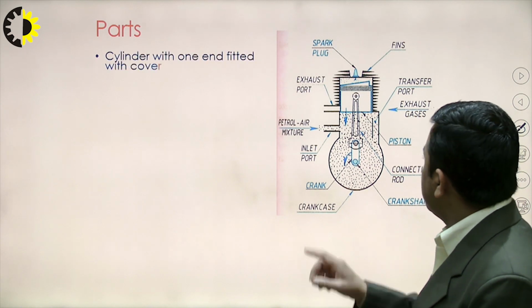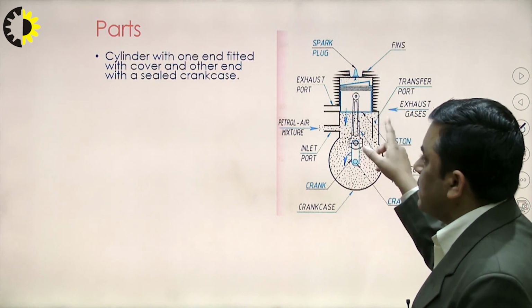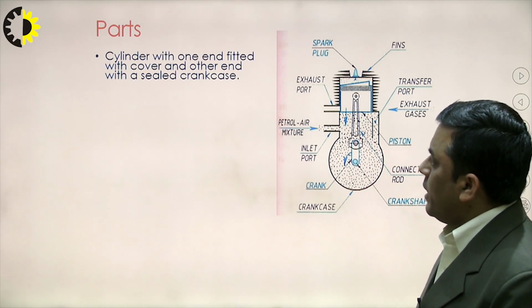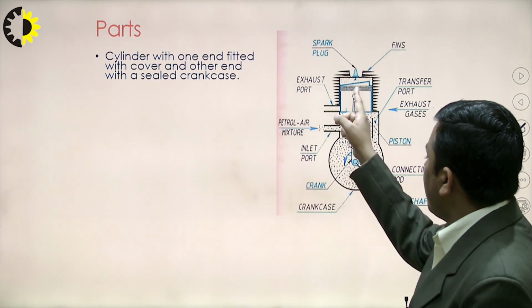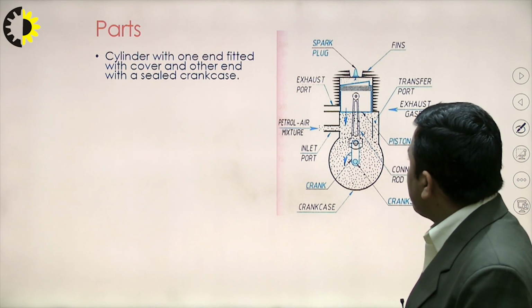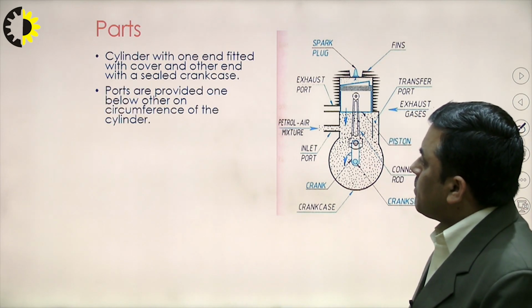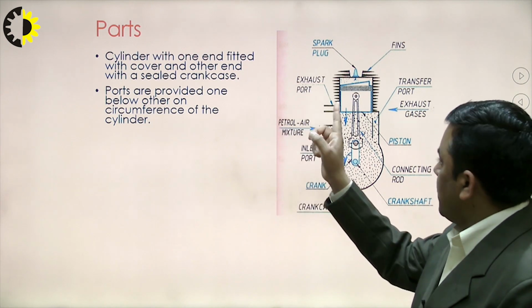So first is the cylinder, with one end fitted with a cover end and the other end with a sealed crankcase. This is the cylinder. Then ports are provided.